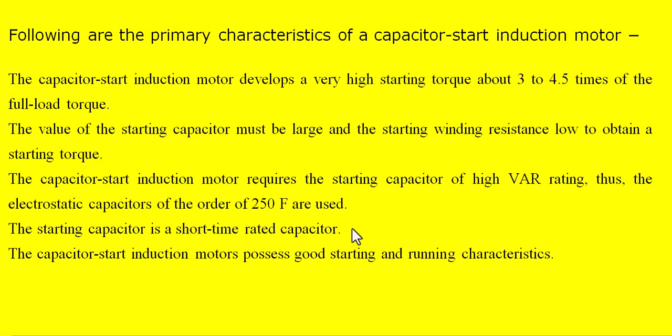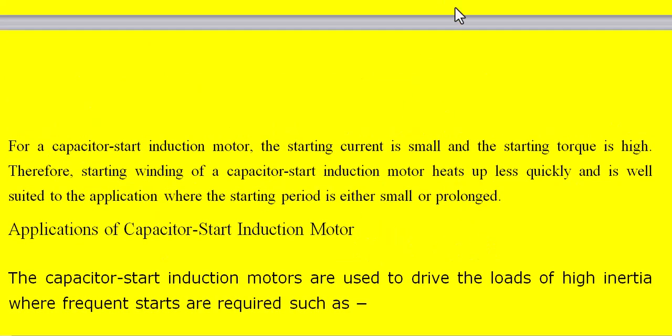This motor has good starting and running characteristics. In this motor, the starting current is small as the auxiliary winding resistance is high. So the starting torque is high in this motor, and as the starting current is small, the auxiliary winding will heat up less.